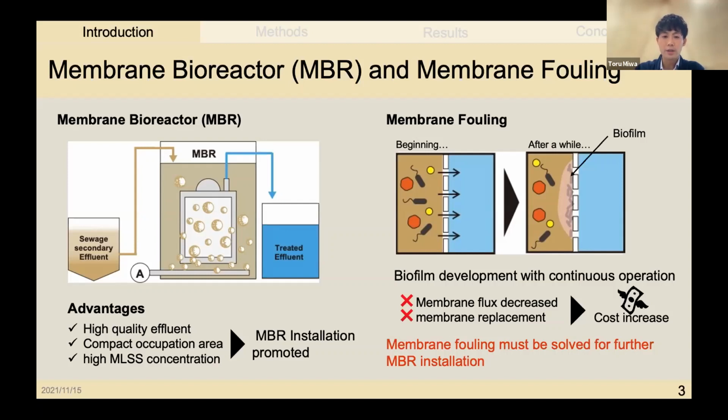However, with continuous operation, biofilm is formed on the membrane surface and covers membrane pores. As a result, membrane flux significantly decreases. This phenomenon is called membrane fouling and leads to operational cost increases from membrane replacement and membrane washing. For further MBR installation, membrane fouling still needs to be solved.